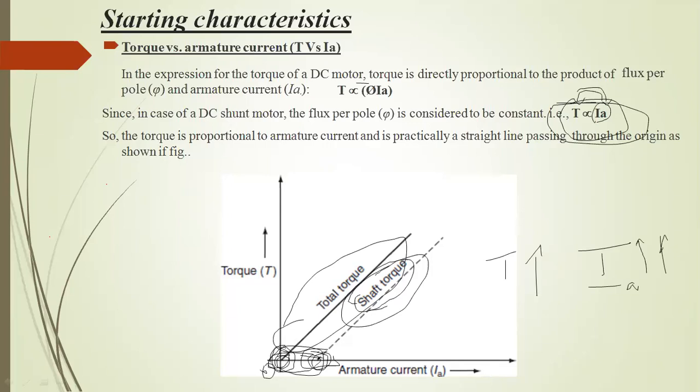So at this point, if we take the HP, the output power, on the y-axis and the armature current on the x-axis, from these drooping characteristics we can define the horsepower. From this point it is gradually increasing as the armature current increases.